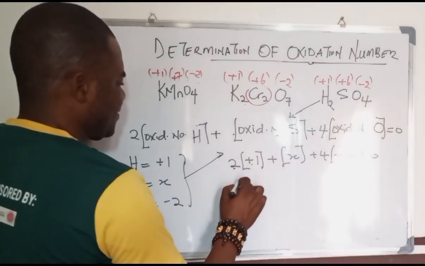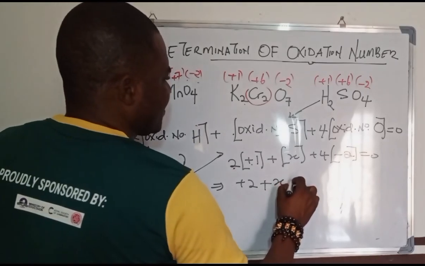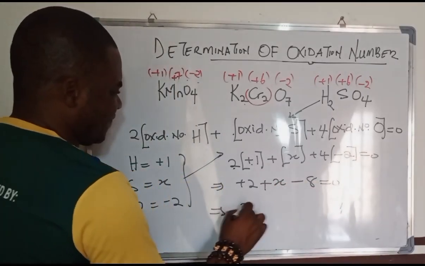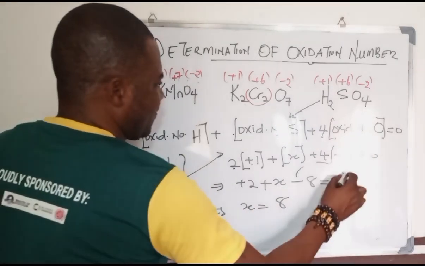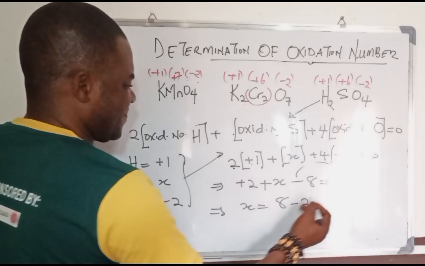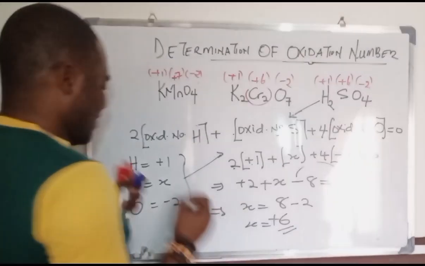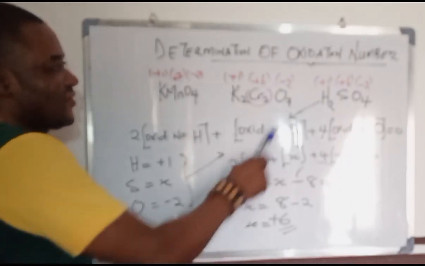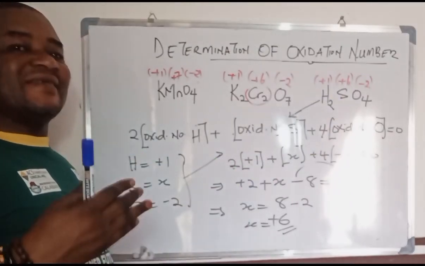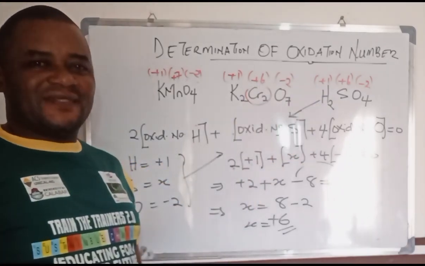So 2 times this will give us +2 plus x minus 8 equals 0. So x equals 8 when this moves this way, and then -2 when this moves this way. So x will be equal to +6. Now you can see how sulfur arrives at +6 as its oxidation number, and it is used to name the compound hydrogen tetraoxosulfate(VI).